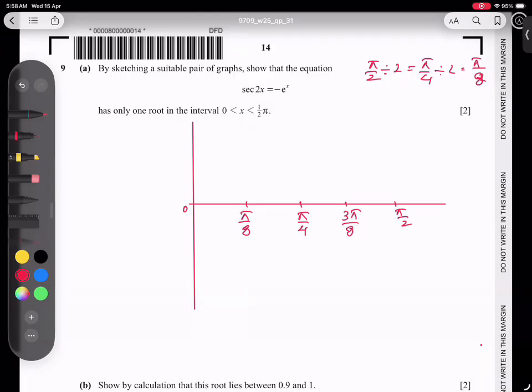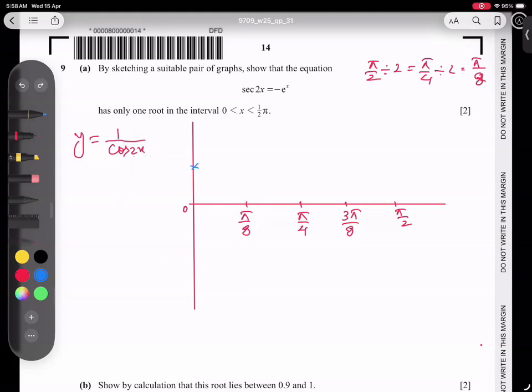Now, students, we are going to plug into the first equation, y equals secant, so 1 over cos 2x. When I plug in 0, I get 1, so 1 is here. When I plug in pi by 8, 2 times pi by 8 is pi by 4.